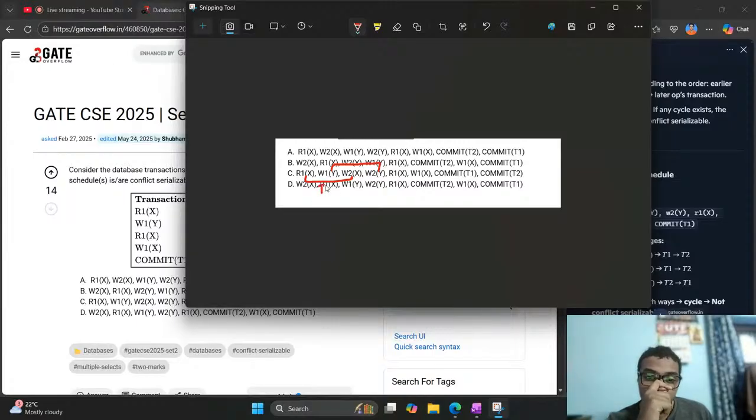So this is T1 to T2, and again this is T1 to T2. So W2x, we need W1x. W1x, this is T2 to T1. Everything happened before commit, so yeah, that's messed up. Not not conflict serializable too.